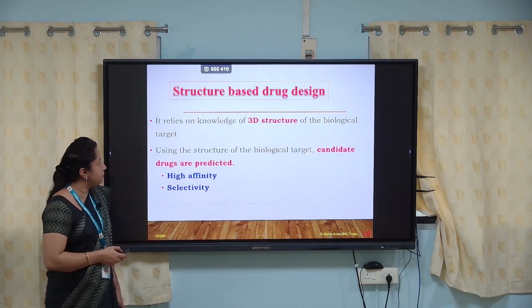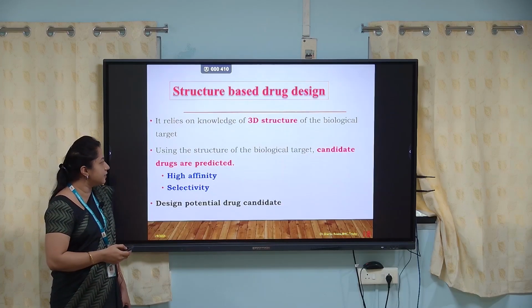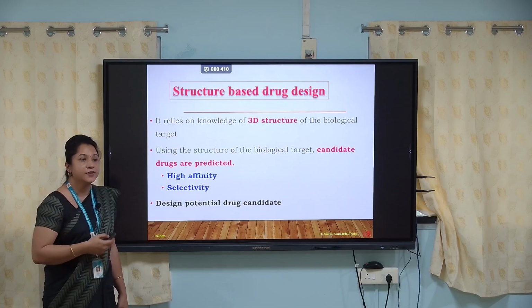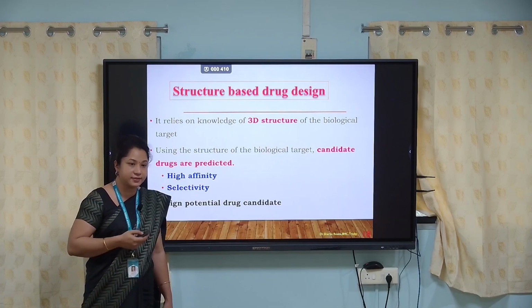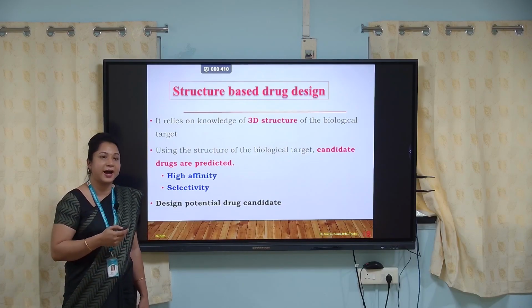So coming to the structure-based, it relies on the 3D structure of the biological target. So using this target, the drugs have higher affinity and higher selectivity. So when the structure of the disease gene is available, that gene can be put into a higher affinity.